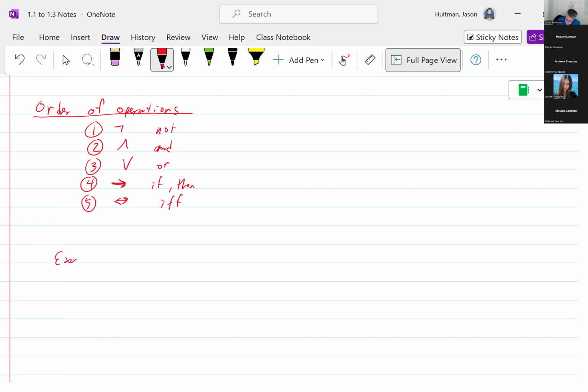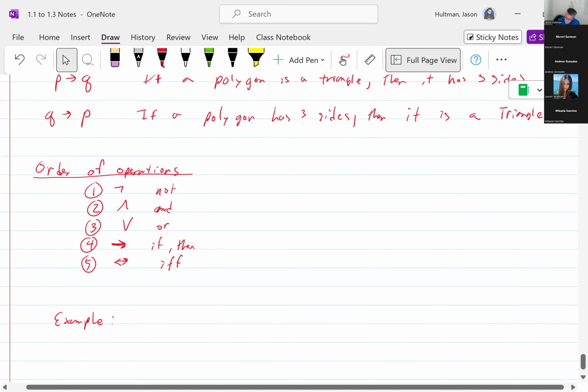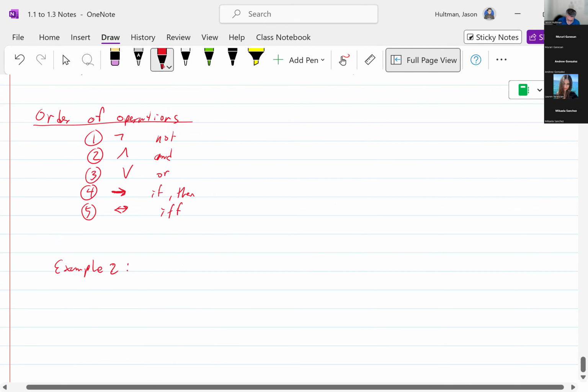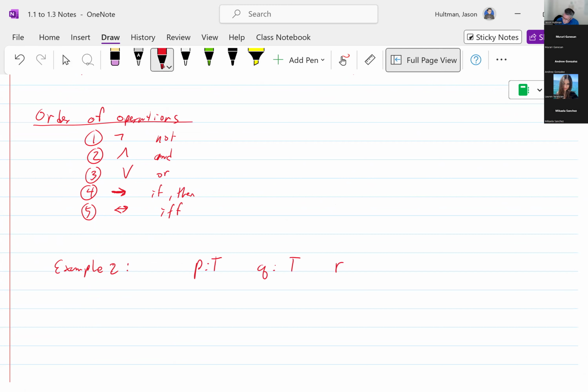Okay, let's do an example. So, example 2. P is true, Q is true, and R is false. So P and not Q biconditional with R. So we're not creating a truth table here.